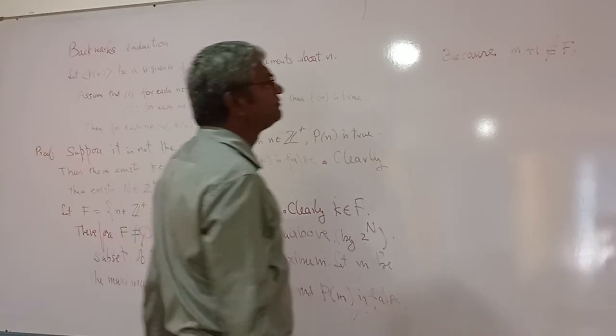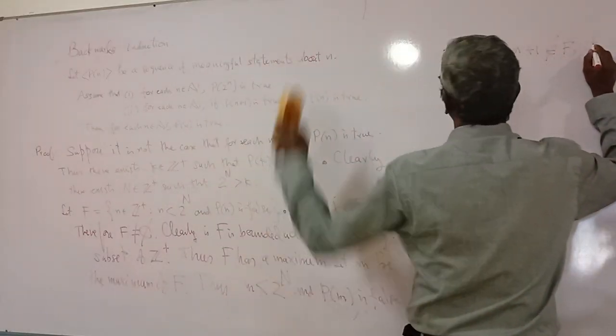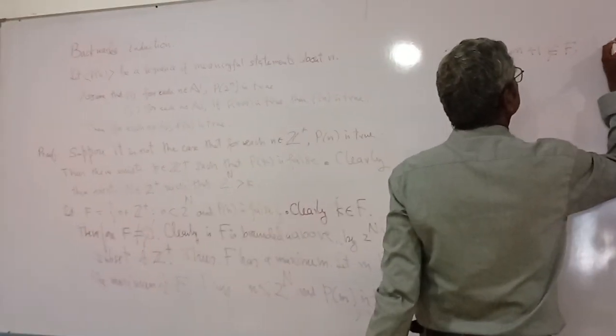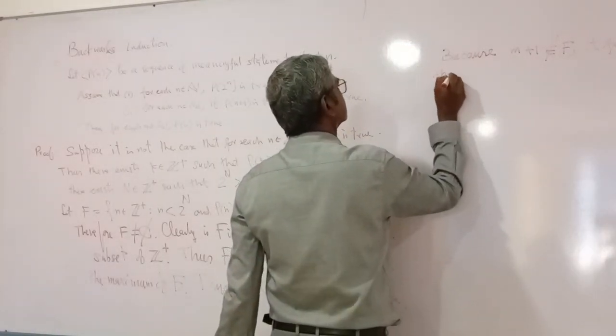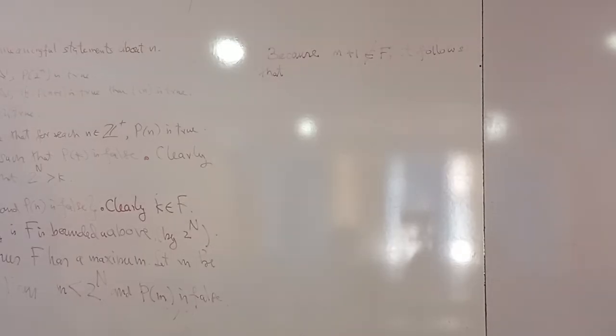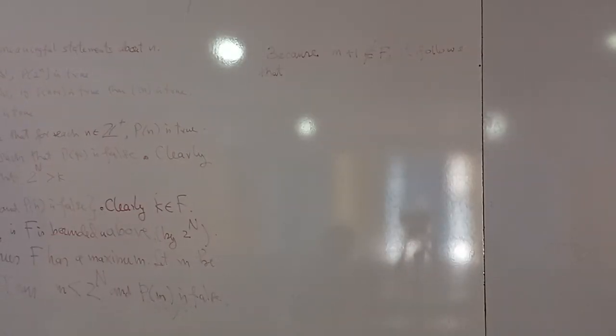It follows that, what? M plus 1 does not belong in F. M is a member of the set. M is the maximum. Therefore M is less than 2 to the n and Pm is false.